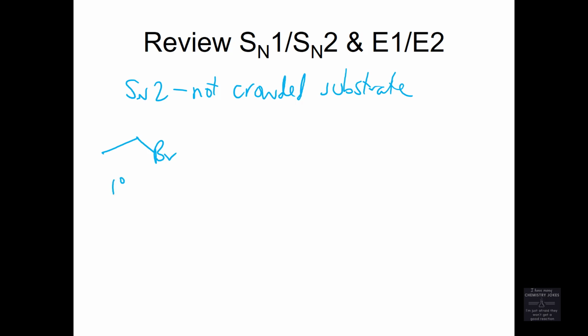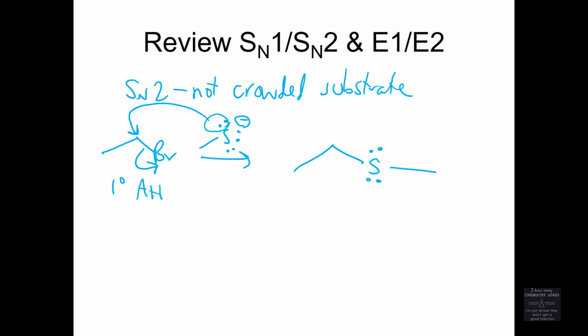That's a primary alkyl halide. And we can add some sort of good nucleophile. Hopefully you remember the details of who's good and who's not good nucleophiles. This is a good nucleophile. We're going to attack the carbon that has the bromine, kick the bromine out. SN2. And that's my product.